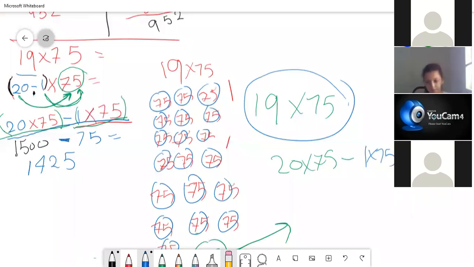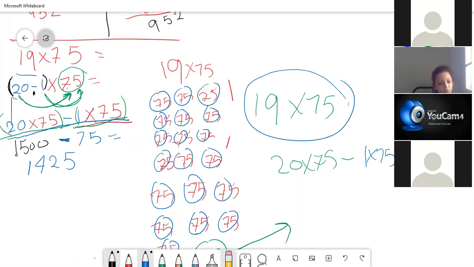So what we did here is, instead of 19, we put 20 minus 1, because 20 minus 1 is 19. And then we multiplied 75 by 20, and then 75 by 1. What is between them is subtraction. Don't forget it.